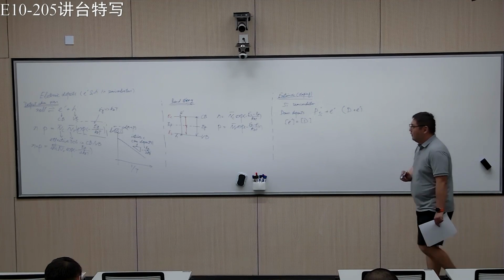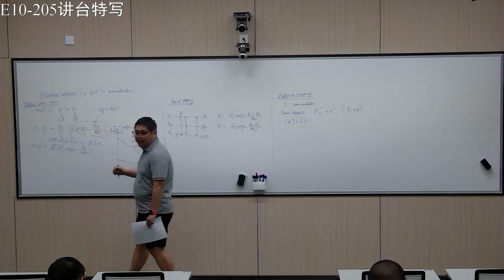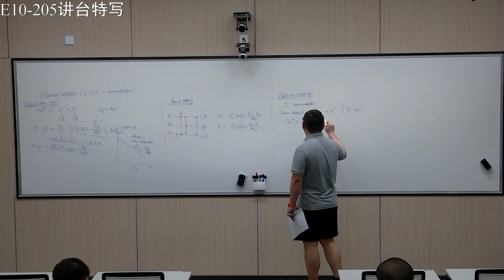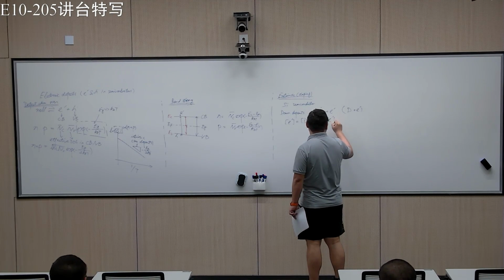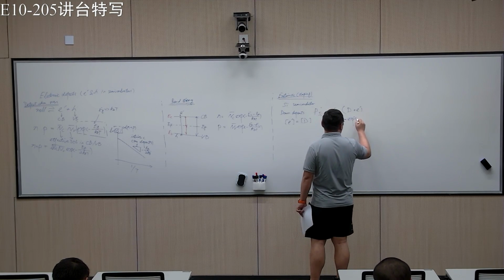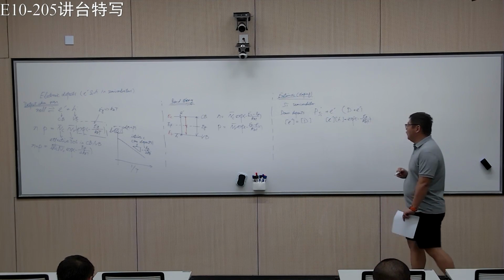Right? Then from here, let's relax a little bit and let's just write E and H, which is basically exponential over kBT over Eg.